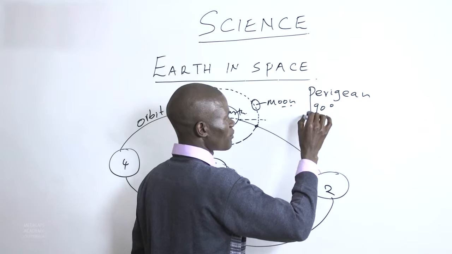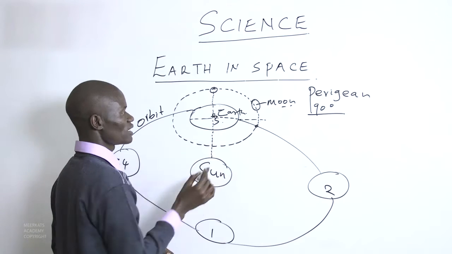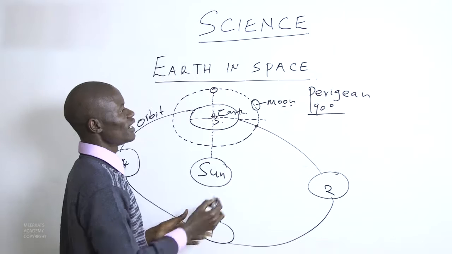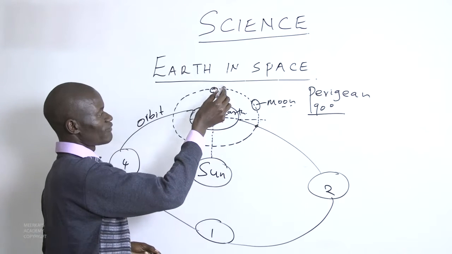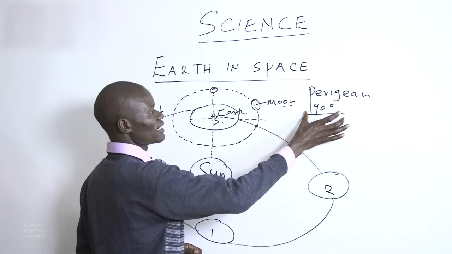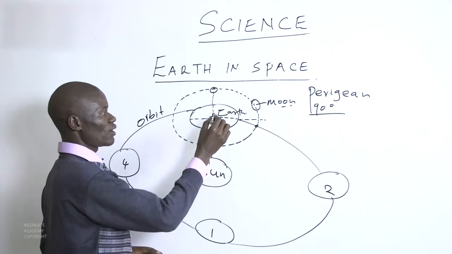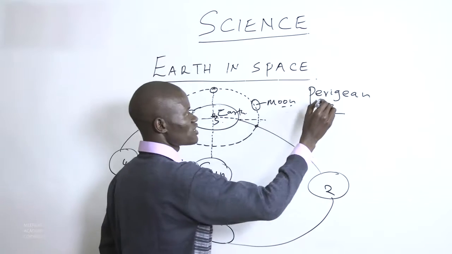Therefore, the Perigean Tide is formed during the period when the moon's angular revolution around the earth makes an angular of 90 degrees.